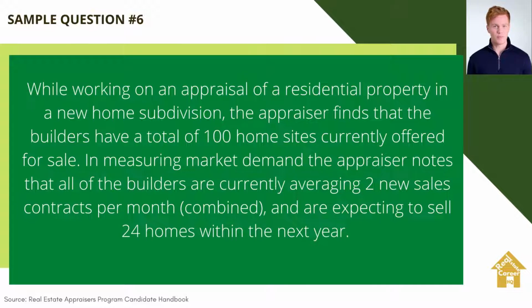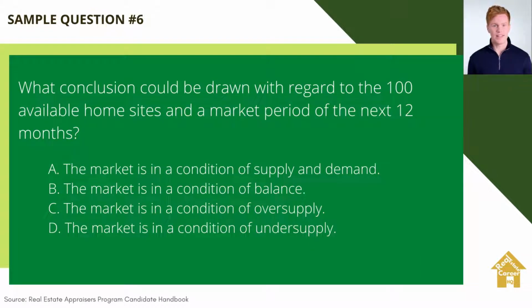What conclusion could be drawn with regard to the 100 available home sites and a market period of the next 12 months? A. The market is in a condition of supply and demand. B. The market is in a condition of balance. C. The market is in a condition of oversupply. D. The market is in a condition of undersupply.